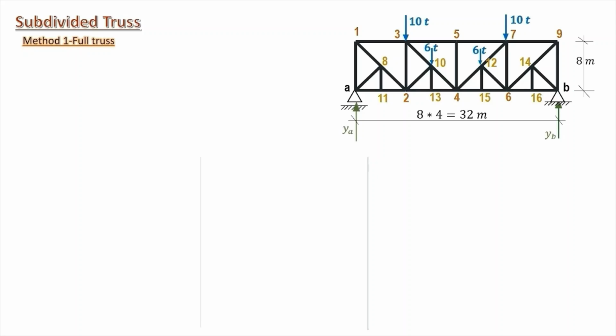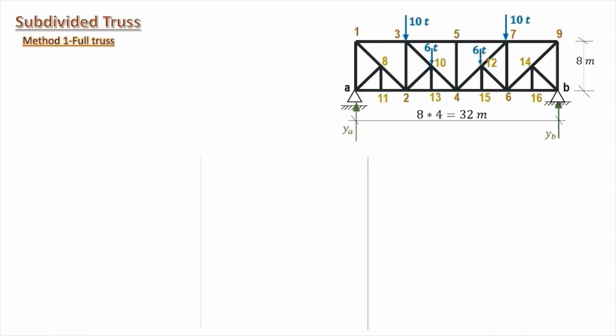Welcome back to our course on trusses, and we have our subdivided truss, sometimes called the Baltimore truss. This truss can be considered as an initial truss and several small triangular trusses inside this initial truss.